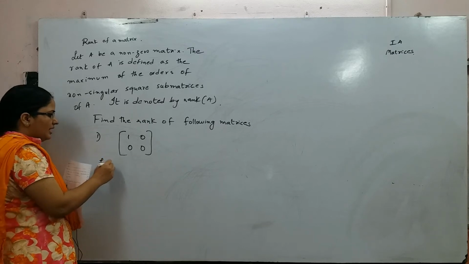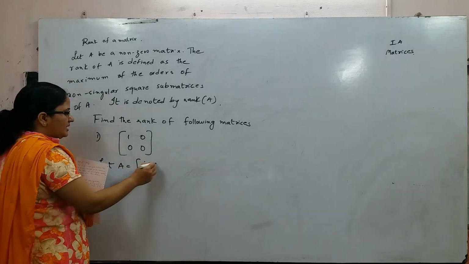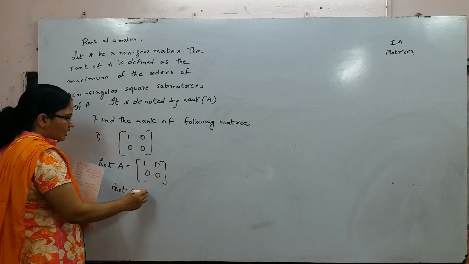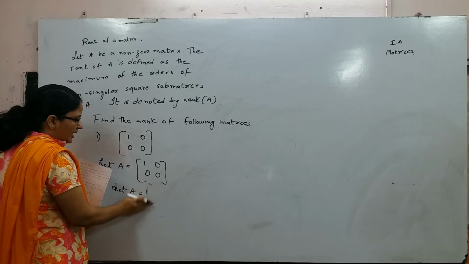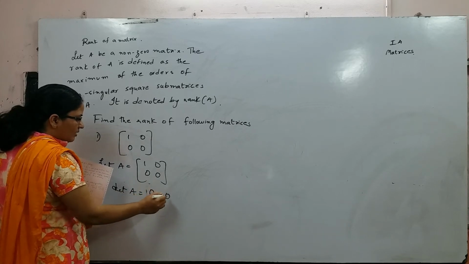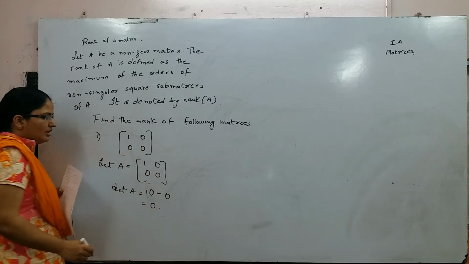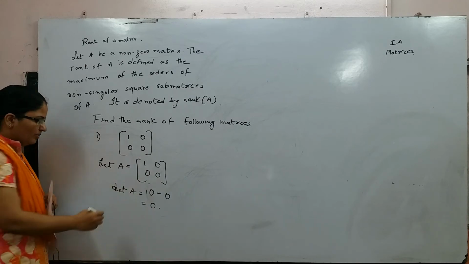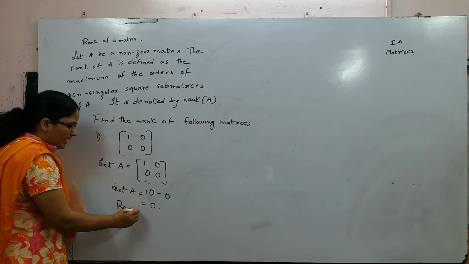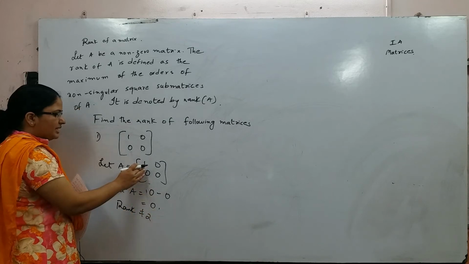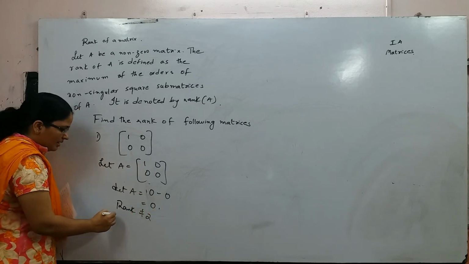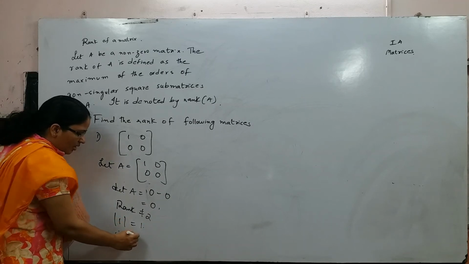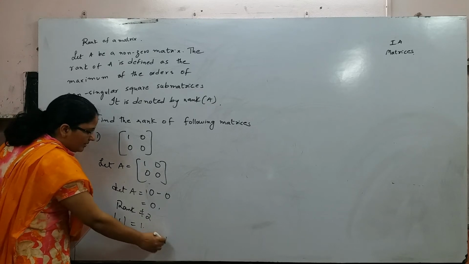Let A be 1 0 0 0. Determinant of A is equal to 1 into 0 minus 0, which is 0. When the determinant of a 2 by 2 matrix is 0, the rank cannot be 2. Let us go for a single element. Determinant of 1 is equal to 1. Therefore, rank of A is equal to 1.